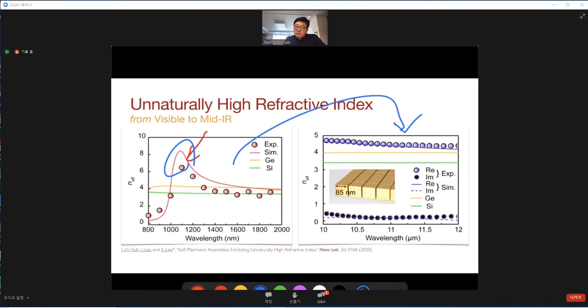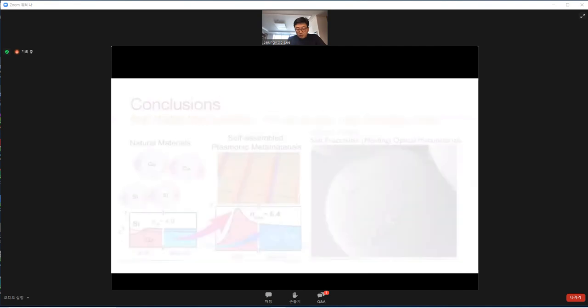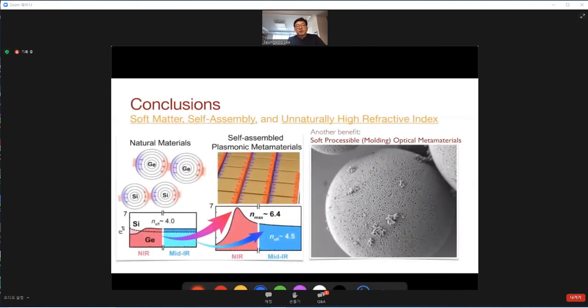These materials still show a higher refractive index compared with the naturally accessible upper limit of, for example, silicon and germanium. Okay, so to conclude, so far I have introduced how effective and useful self-assembly of soft matter is, particularly for achieving unnaturally high refractive index at the optical region.